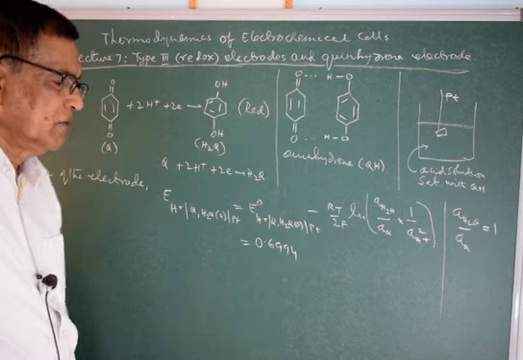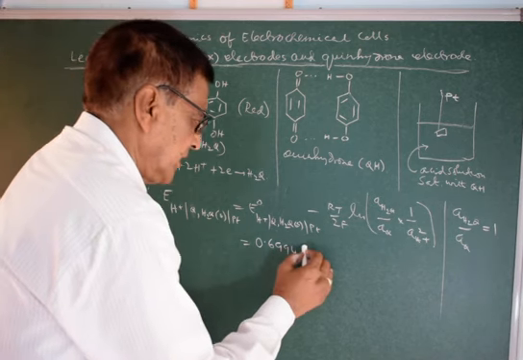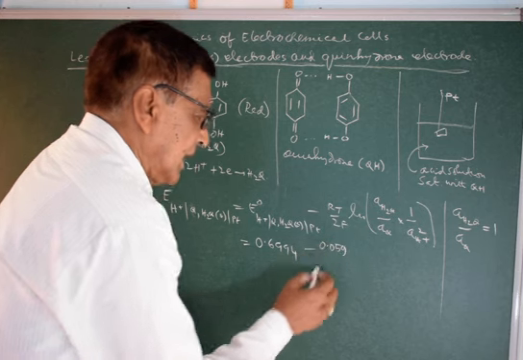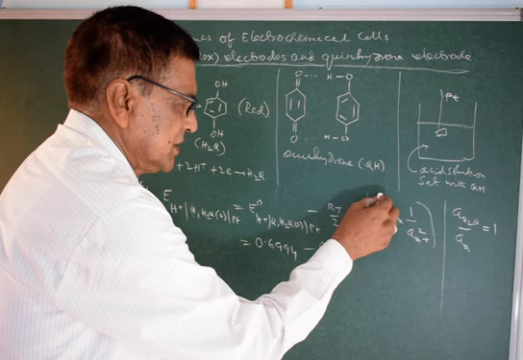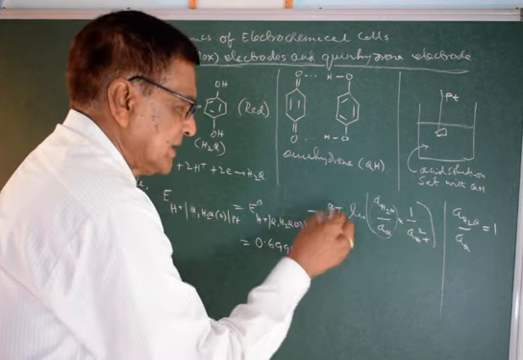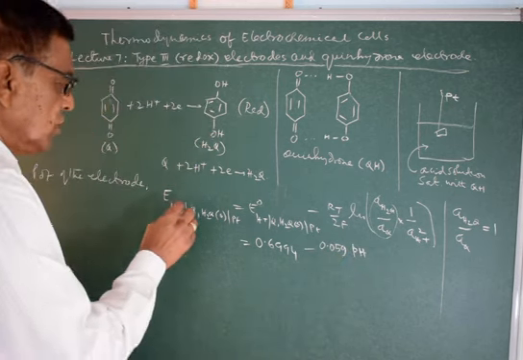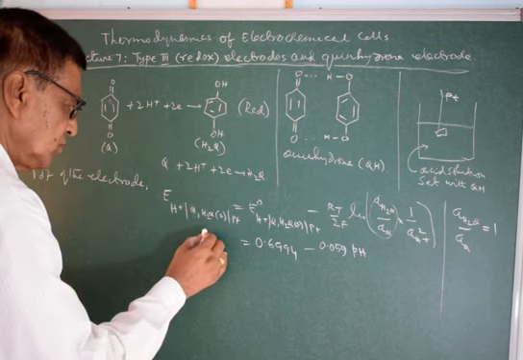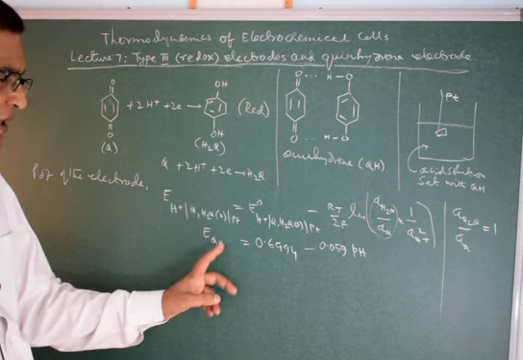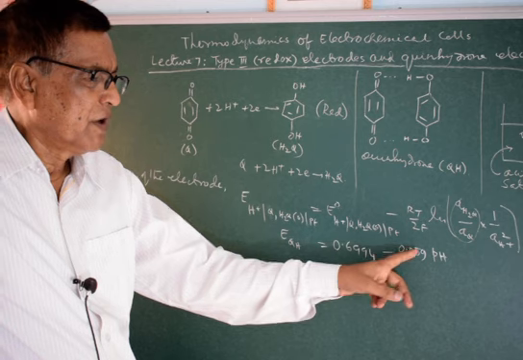The standard value is 0.6994 at 25 degrees centigrade, minus 0.059, and since the ratio is 1 and the 2 cancels, it will give you the pH. In short, the potential of this quinhydron electrode equals the standard value minus 0.059 pH.